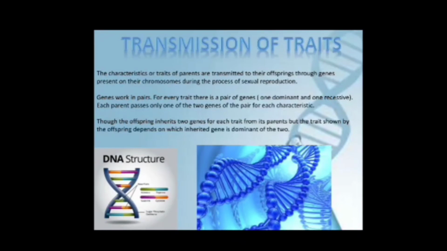For every trait, there is a pair of genes, that is, one dominant and one recessive. Each parent passes only one of the two genes of the pair of each characteristic. Though the offspring inherits two genes for each trait from its parents, the trait shown by the offspring depends on which inherited gene is dominant of the two.